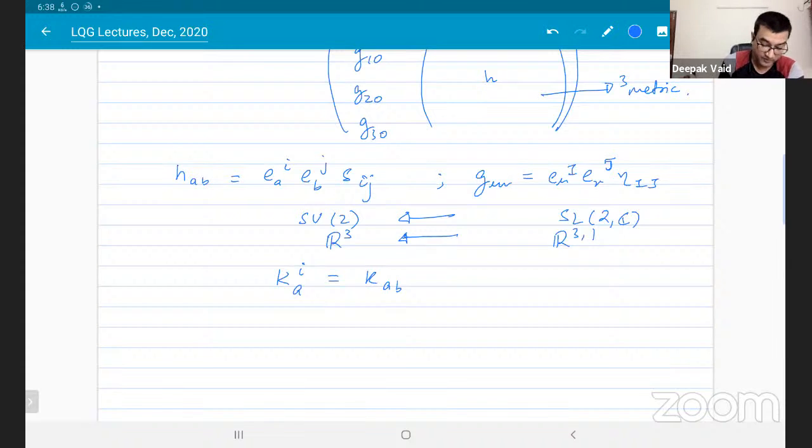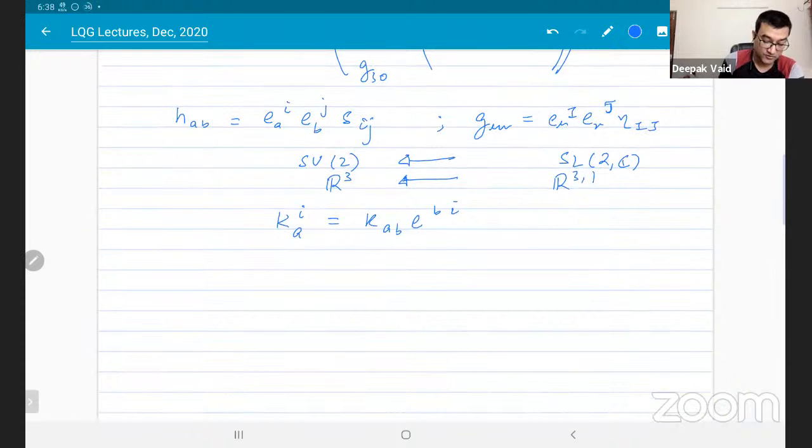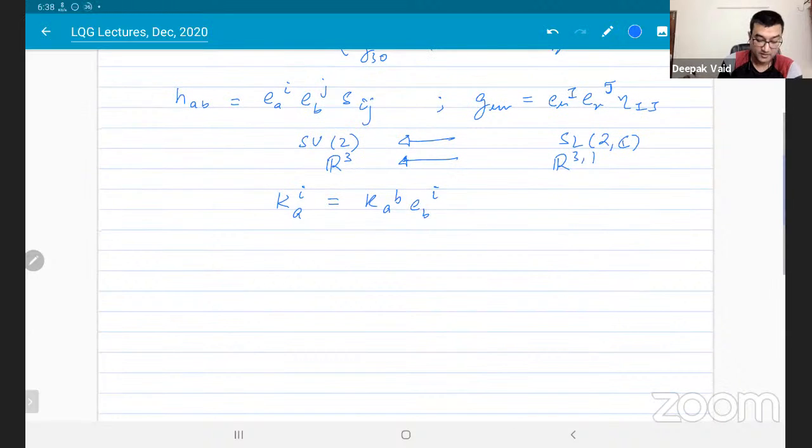So this becomes a Lie algebra valued one form, and we contract it with the triad like this, Bi, right? Or, if you wish, you can raise this index and contract it in this way. So this is a Lie algebra valued one form.